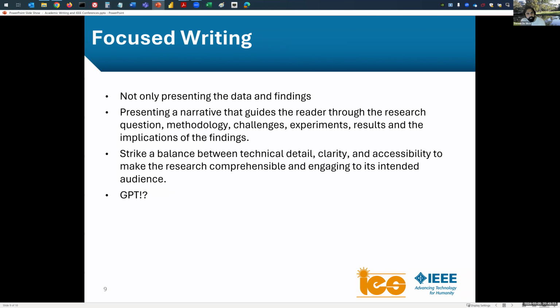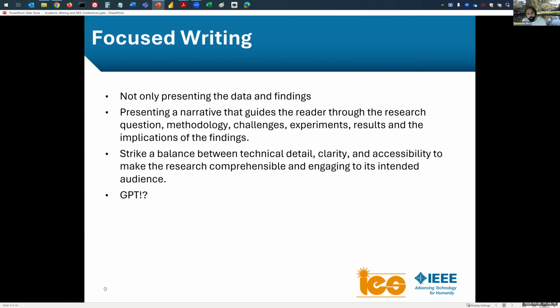So it's not just experiments and data and results. It's actually communicating this in a form suitable for your target audience. So you want like-minded AI researchers to understand what you've done, starting with the research question, the methodology, challenges, experiments, results, and discussion, and so on.